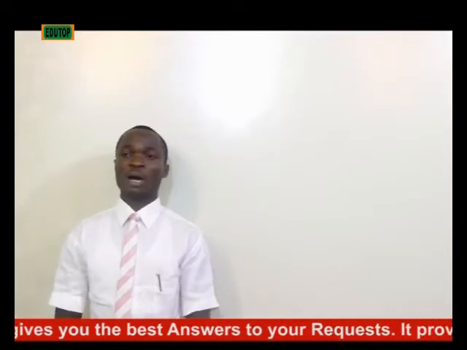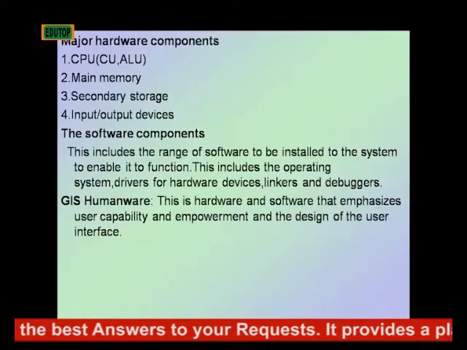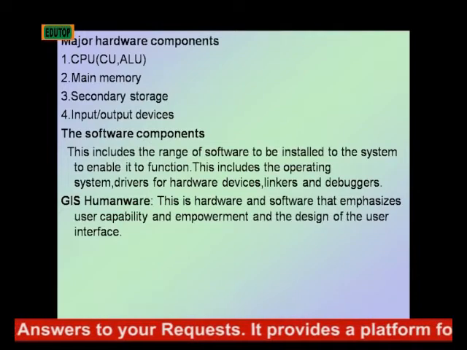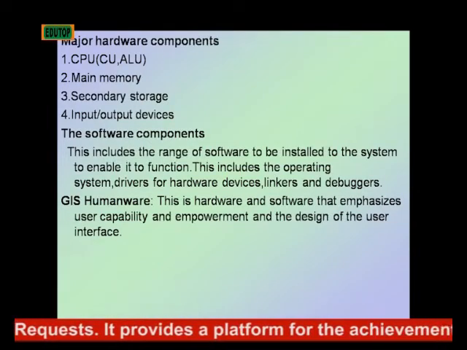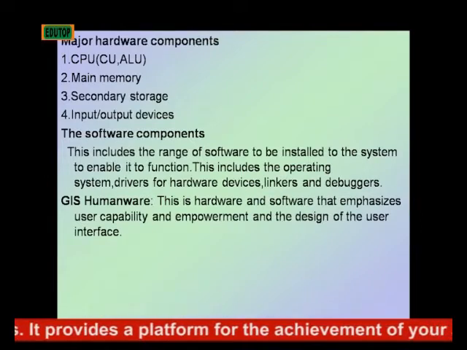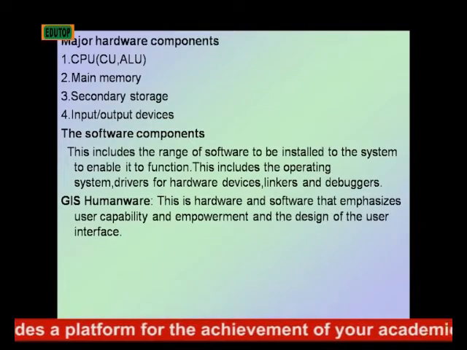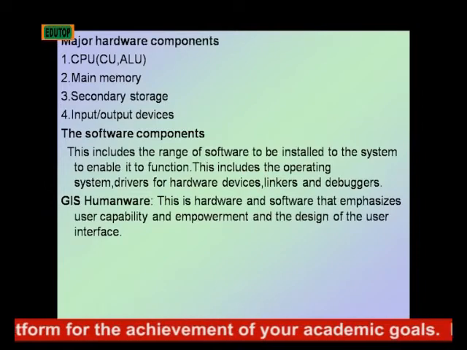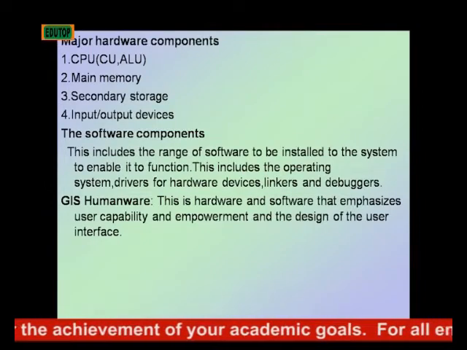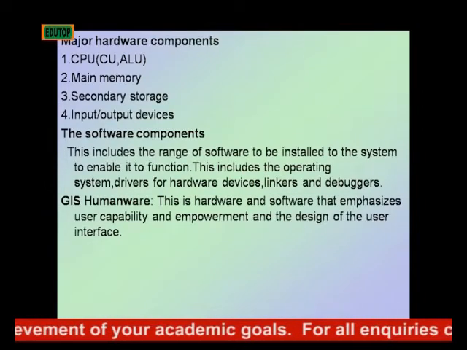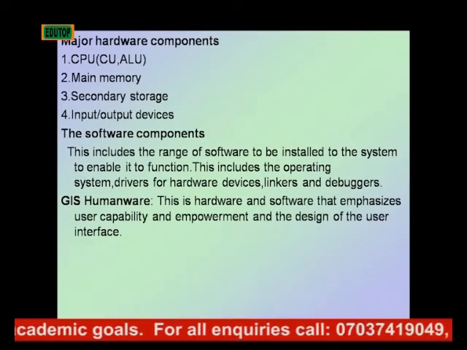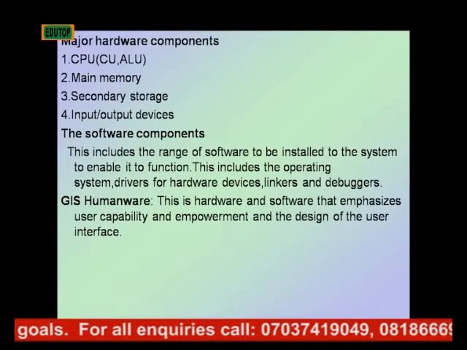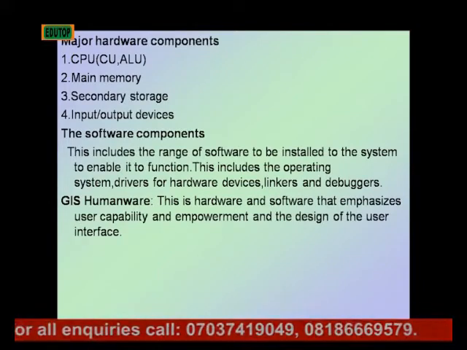Now, major hardware components include the CPU. And the CPU is made up of the control unit, which is the CU, and the arithmetic and logic unit, that is the ALU. It also consists of the main memory and the secondary storage.